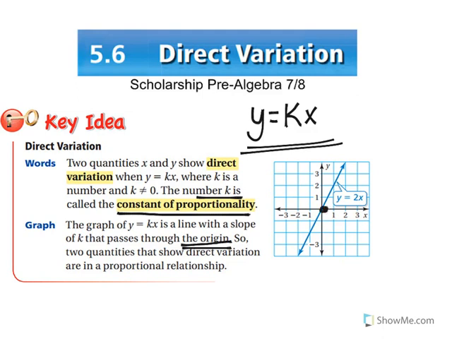The origin is that spot where the y-axis and the x-axis intersect, which is 0, 0. So it has to cross through 0, 0, and then it would form a proportional relationship. All right? So let's go ahead and move on.